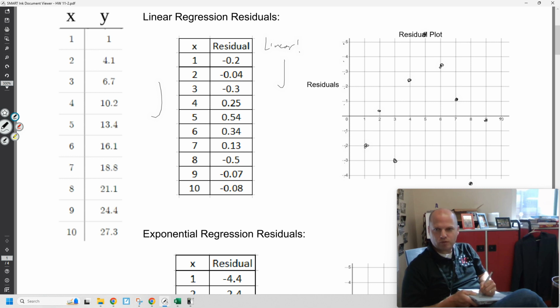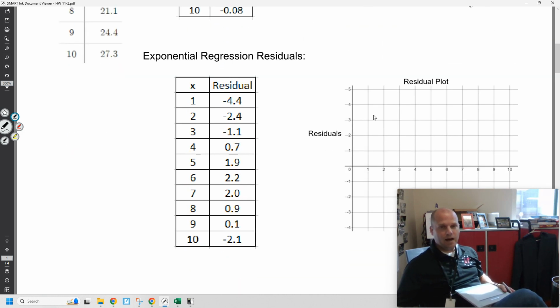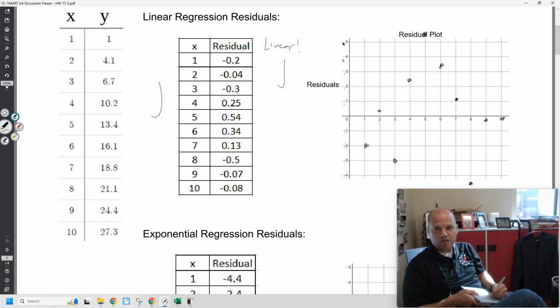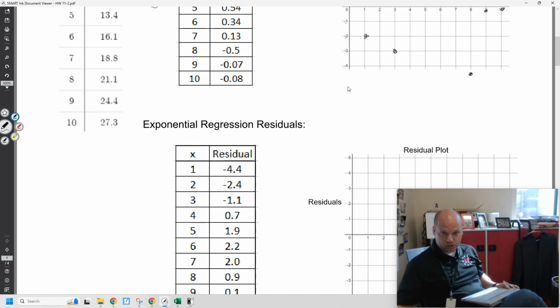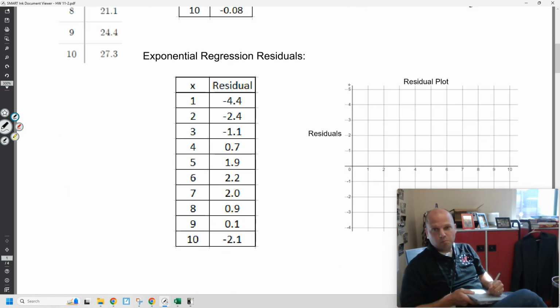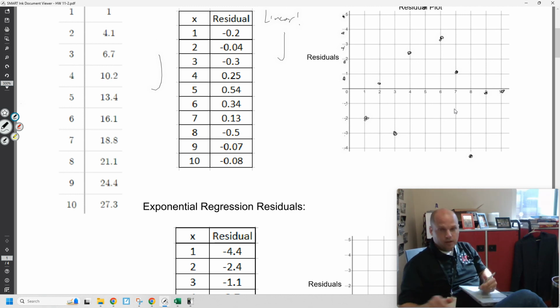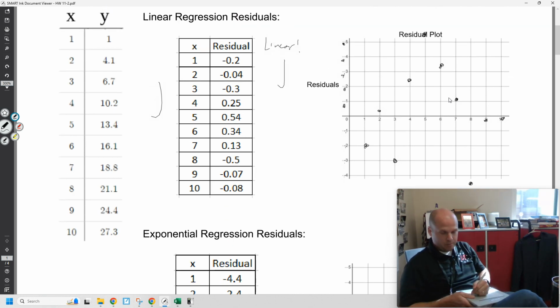Here's the last two right there. You can see the points are all over the place, and we do have a lot of residuals that are close to 0. These are all 0.5, 0.4, 0.3, 0.2, 0.1, versus positive 5, 4, 3, 2, 1, negative 1.